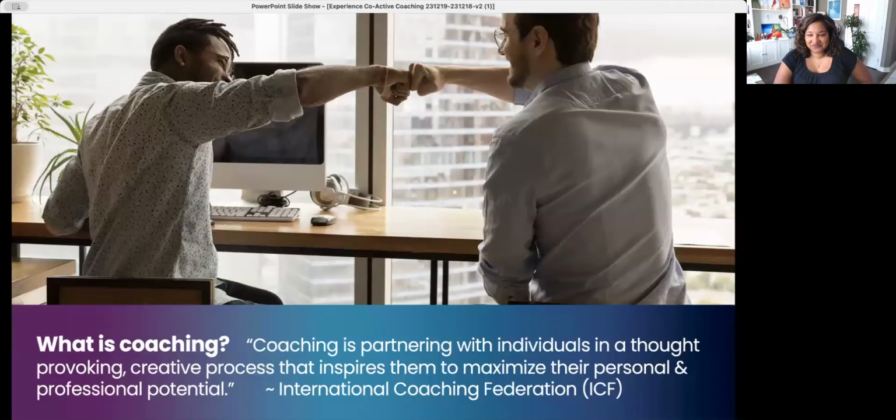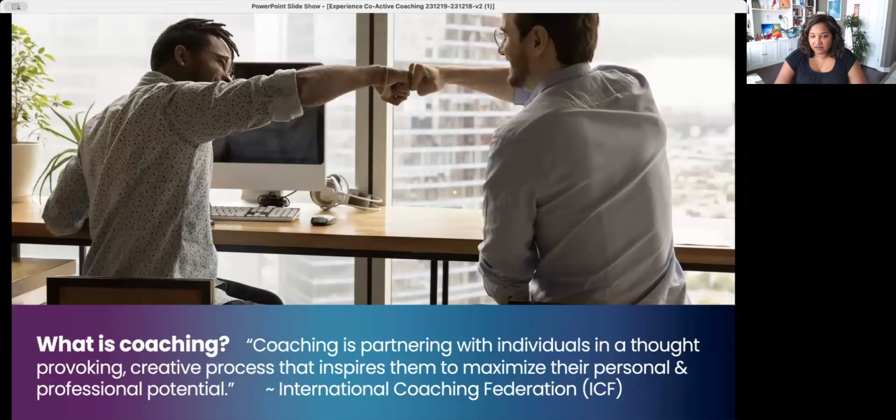Yeah, there we go. So the International Coaching Federation, which is the governing body of this unregulated field, is very clear on what coaching is and isn't. And it's important to understand the distinction because otherwise coaching and mentoring and consulting can all get collapsed together, and they are very distinct and different.